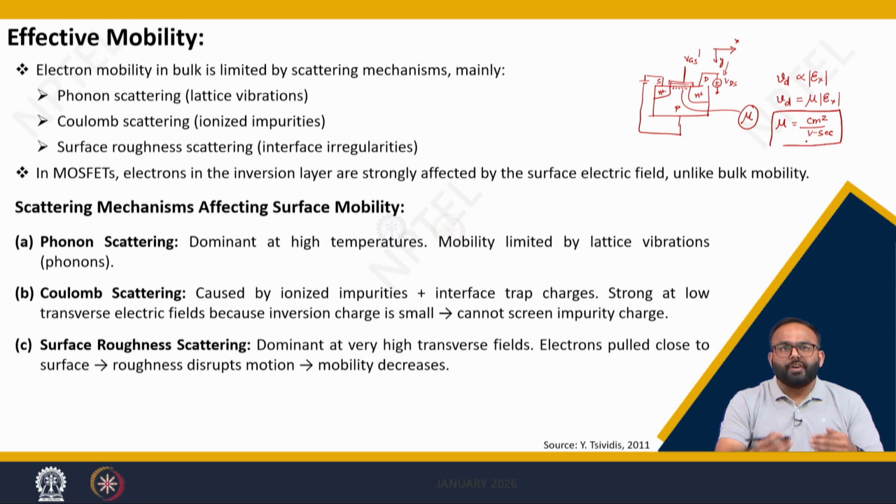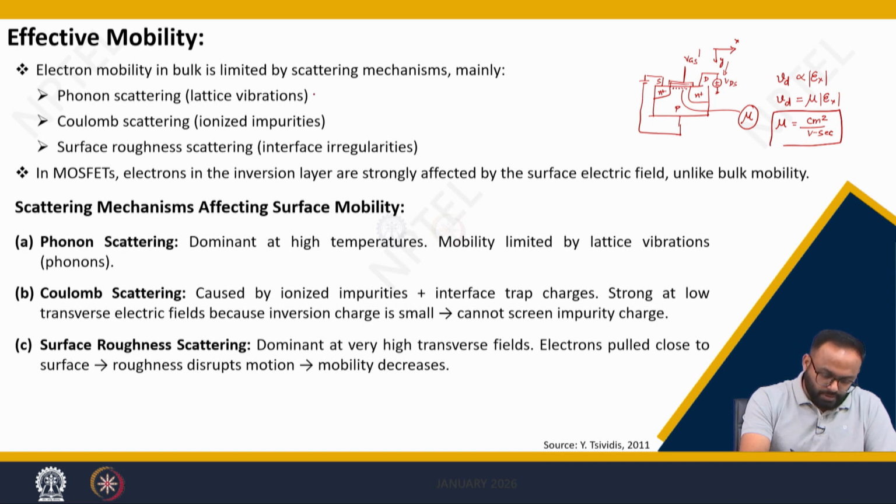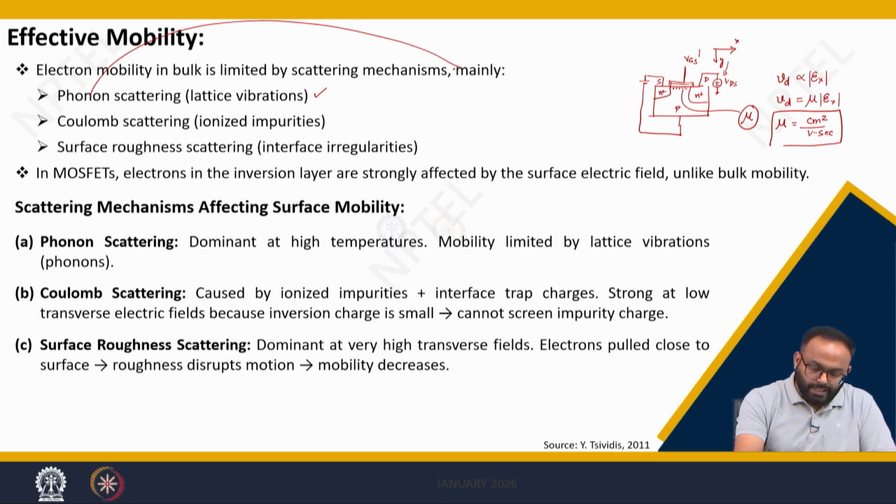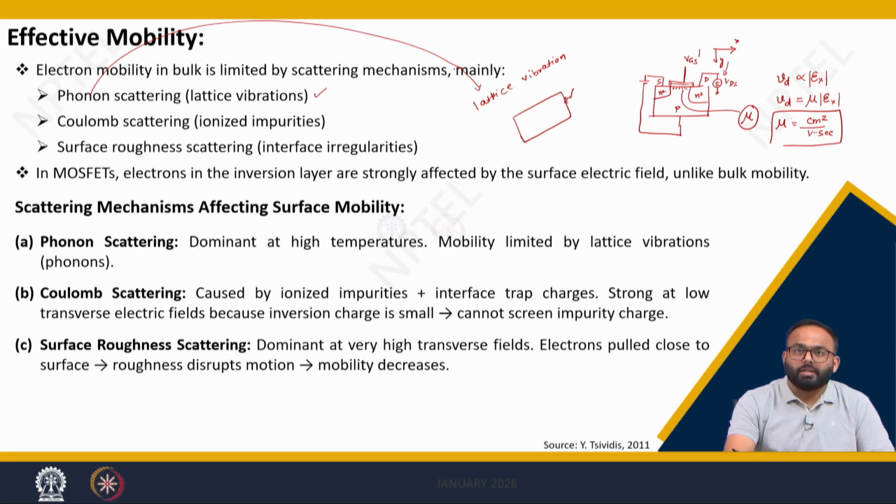The best way to define the mobility or the effective mobility is in terms of scattering. The first type of scattering we can define is phonon scattering. In general, lattice vibrations can be defined as phonons. It means, suppose you have a semiconductor sample and you are providing energy to this semiconductor sample.